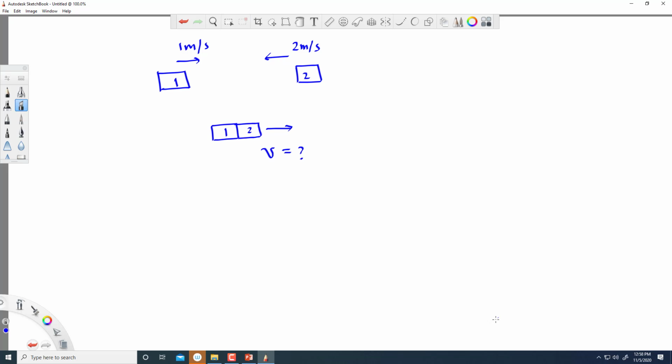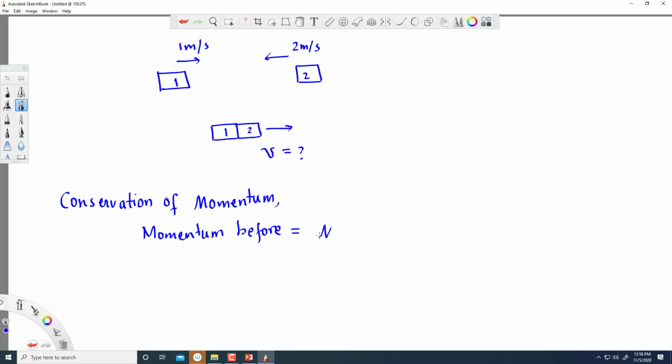So again, here we use the conservation of momentum. The conservation of momentum tells us momentum before collision is equal to momentum after collision. So momentum before collision is the momentum of the first one before collision.